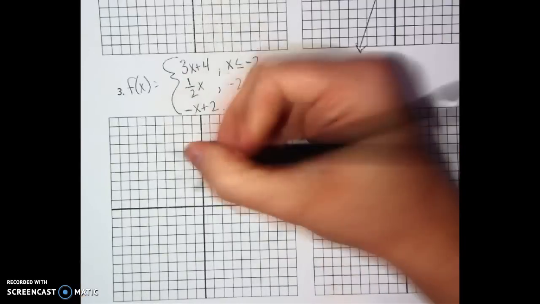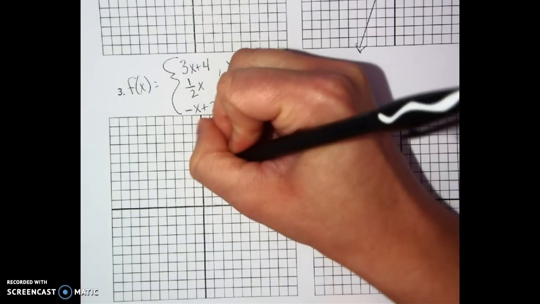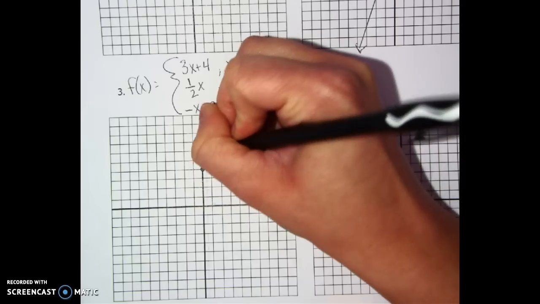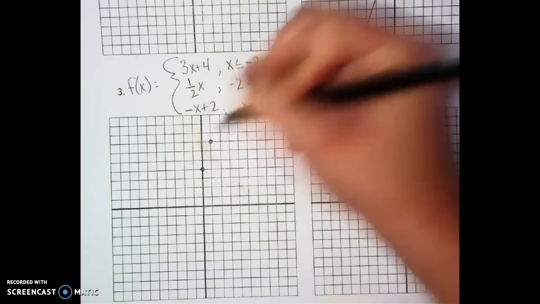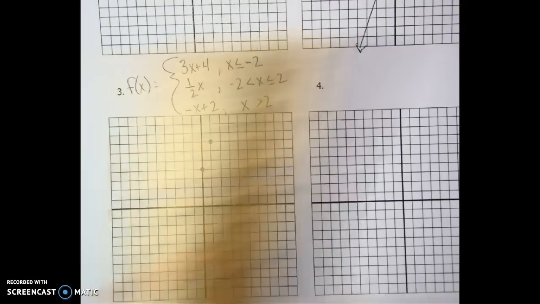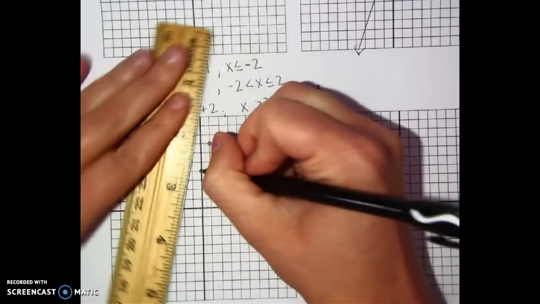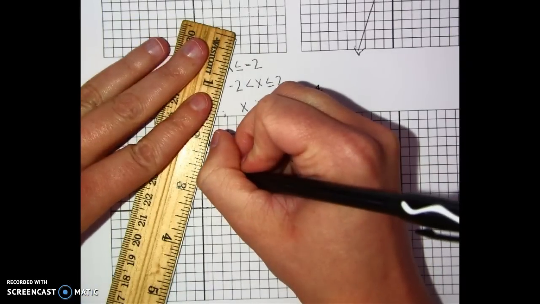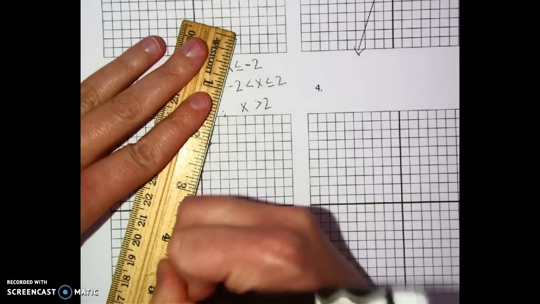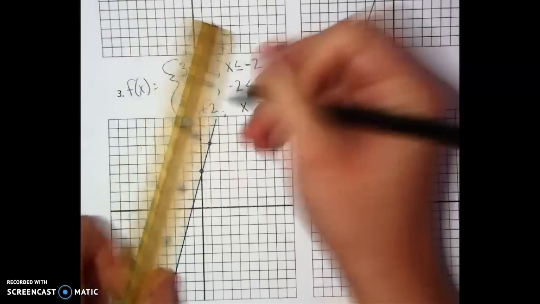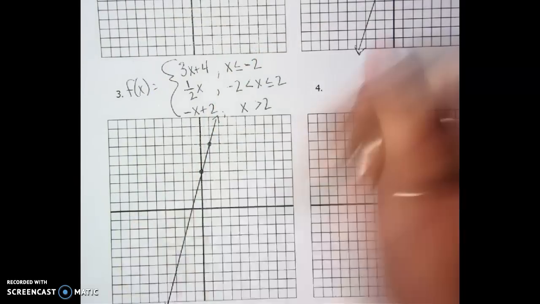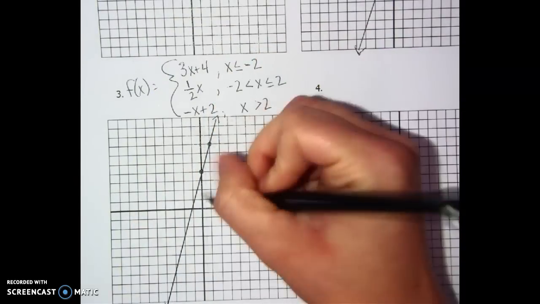Okay, first one, you start at 4, 1, 2, 3, 4, then go up 3 over 1. The inequality tells me I need a closed circle at -2.